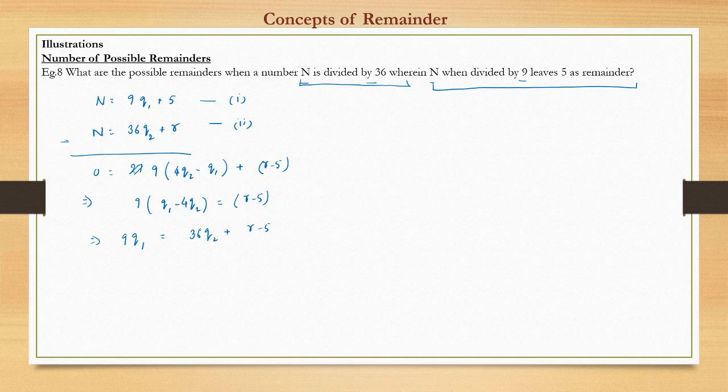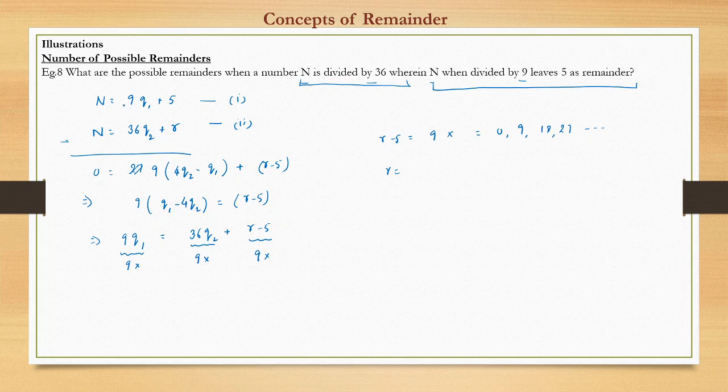I expand this here. Now the LHS is a multiple of 9, right? So the RHS must also be a multiple of 9. This term, 36 q2, is a multiple of 9, so r minus 5 should also be a multiple of 9, meaning r minus 5 should be 9x. So what values can r take? 9x means 0, 9, 18, 27, and so on.